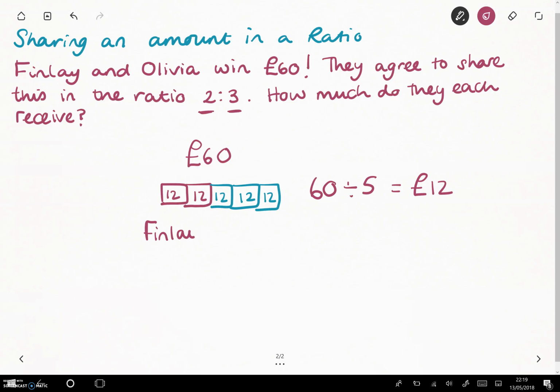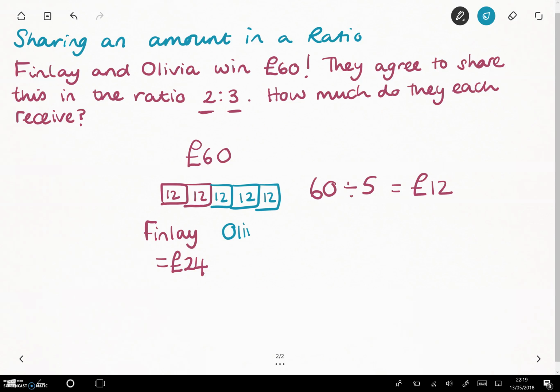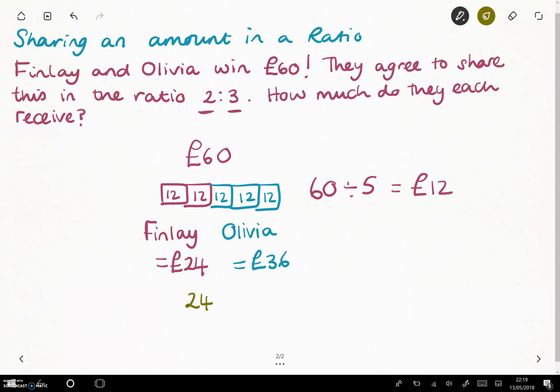Finley is going to get 2 lots of 12, which is 24, and Olivia is going to get 3 lots of 12, which is 36. Now with these questions, it's always easy to check you're right, because if you add up the amounts at the end, 24 add 36, it does make 60, which is what I started with at the beginning, so I know I'm right.